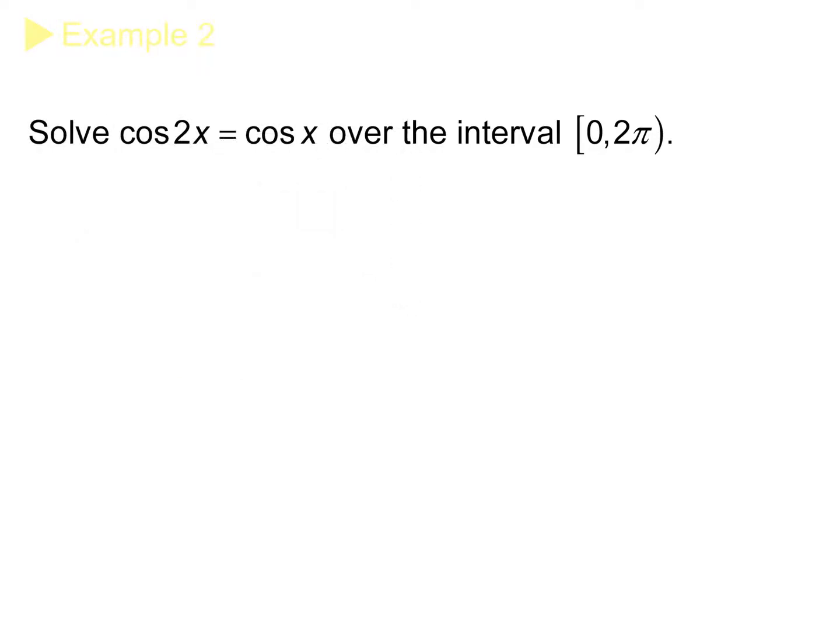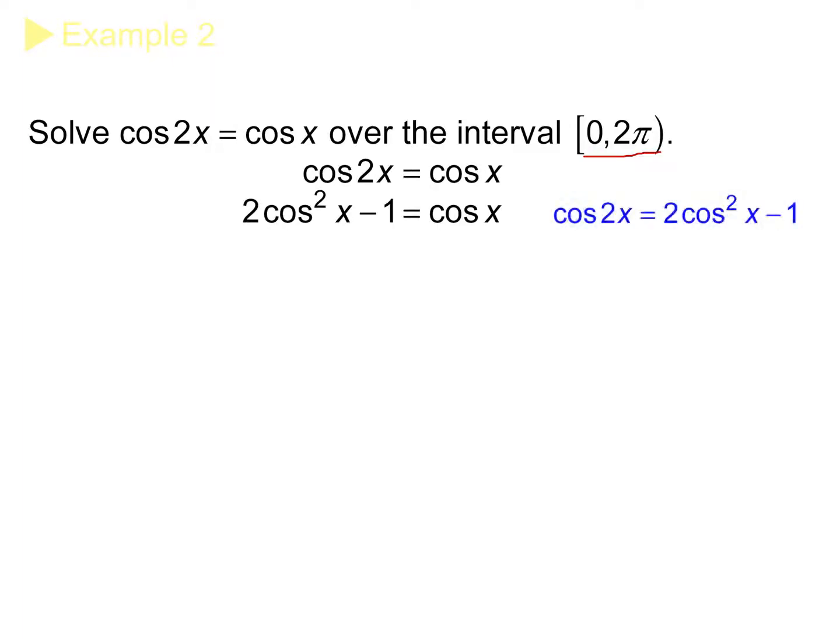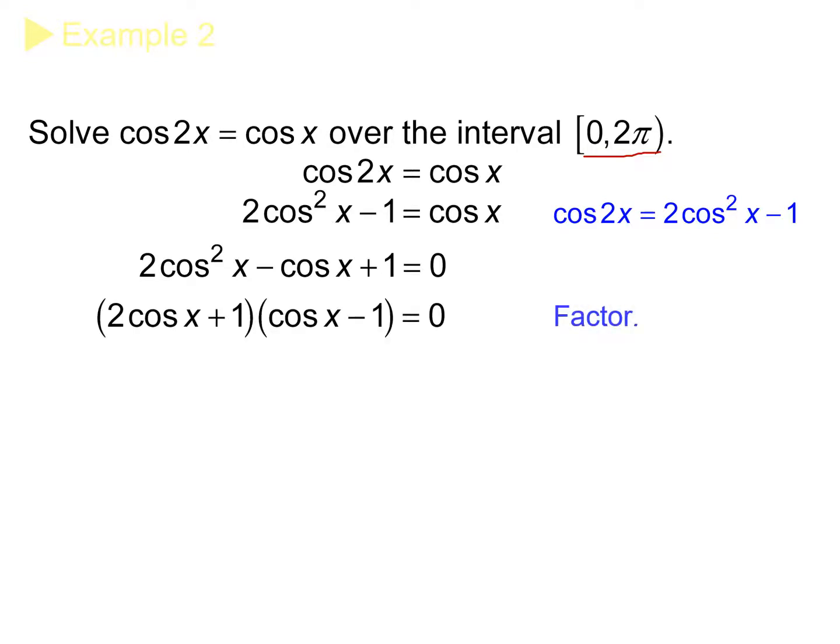Now suppose I want to solve cosine of 2x is equal to cosine of x over the interval 0 to 2 pi. I can use the identity that cosine of 2x is 2 cosine squared x minus 1, and substitute it in, bring everything over to one side, and I see I can factor this.